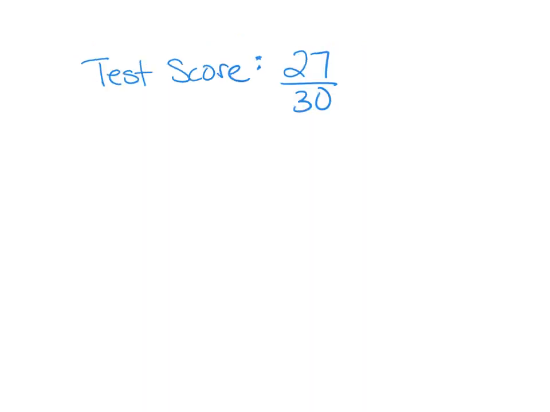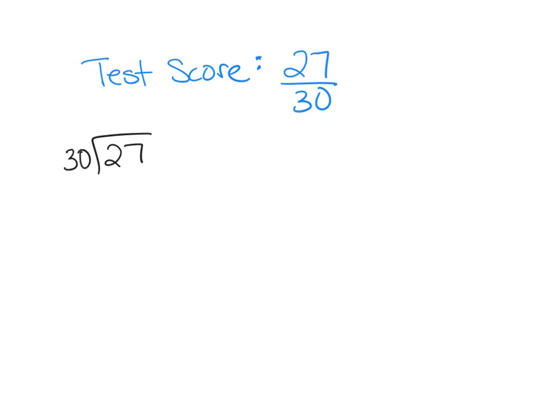Things get a little trickier when you have something that you know doesn't go into 100 evenly. Like I know 30 times nothing gives me 100. So there's a couple different ways that you can figure this out. You can actually do the division problem of 27 divided by 30.